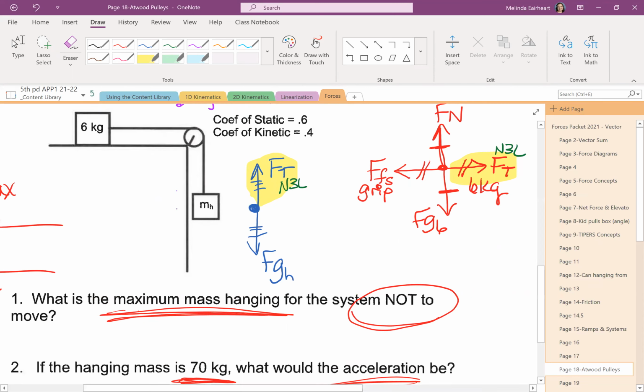It's naturally going to go down. So what if we say down on the hanging mass is positive, that's forward. And what direction on the tabletop would be the same direction, same forward motion? As the hanging mass goes down, the tabletop mass goes to the right. So it's not because it's right. You could mirror image this picture, right? But it's because it's forward. Everybody good there?